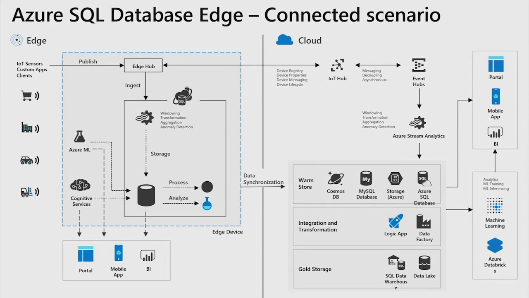The database is essentially an instance of SQL, which you can directly connect to and write queries against. But if you want to do stream-based processing, like streaming data, today you need to go through Edge Hub. So IoT Edge Hub integrates with Azure Stream Analytics, and you have to go through that.